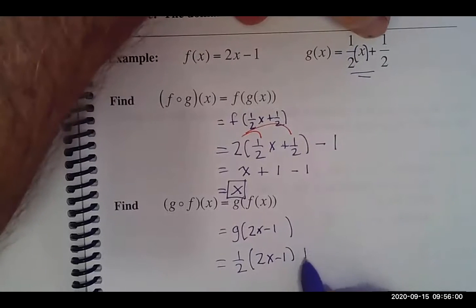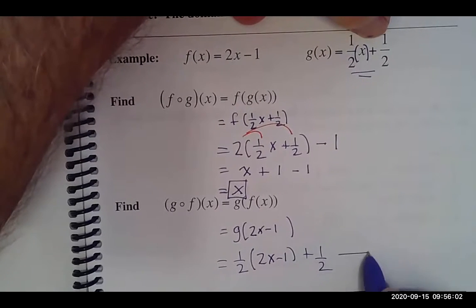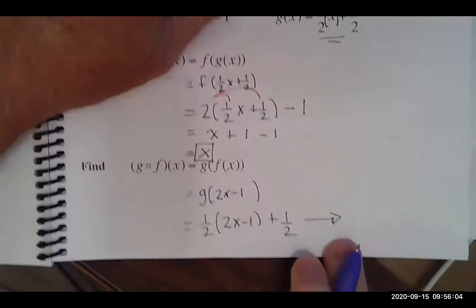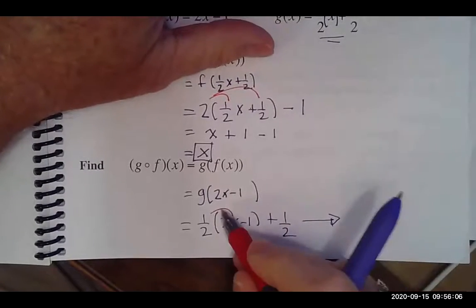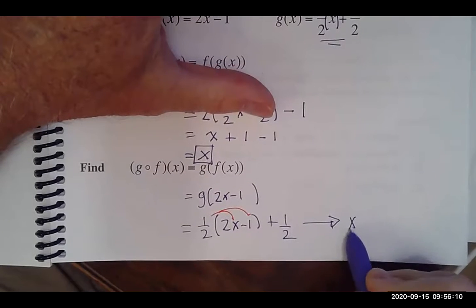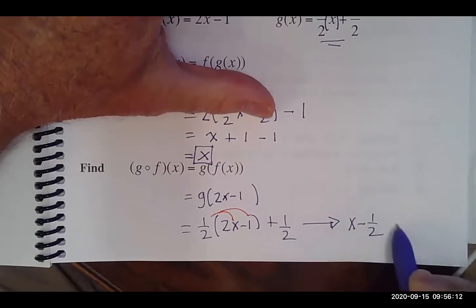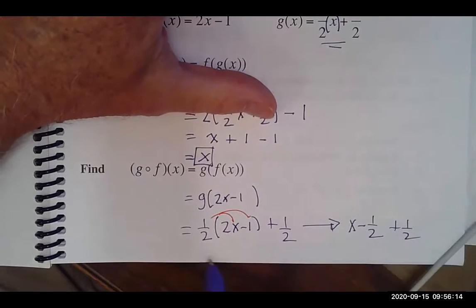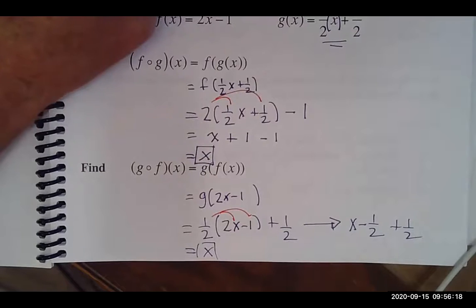Don't forget the plus 1/2 at the end. And now I'll distribute. 2 times 1/2 is just plain old 1, so X subtract 1/2, and I still got a plus 1/2, and there you go, just like the other one. You end up with X.